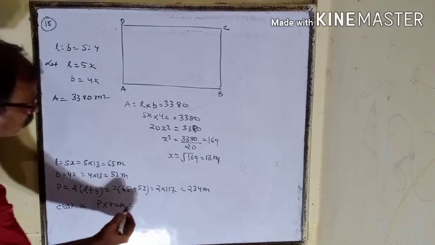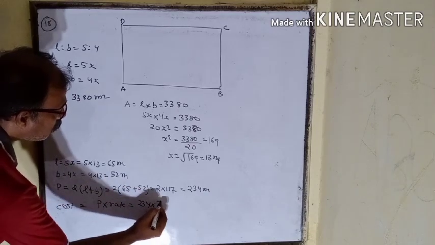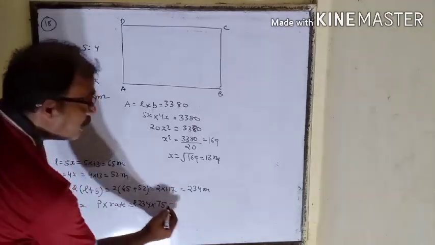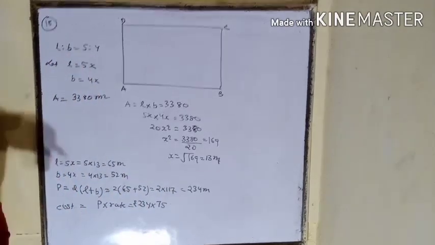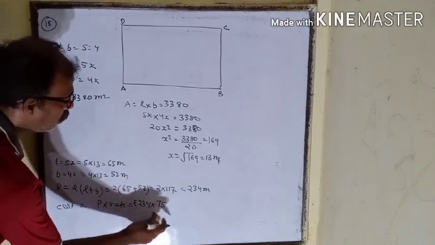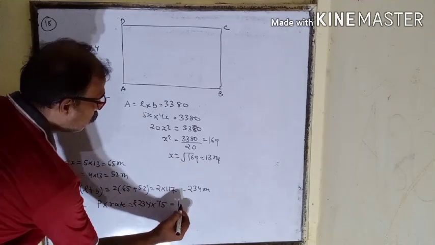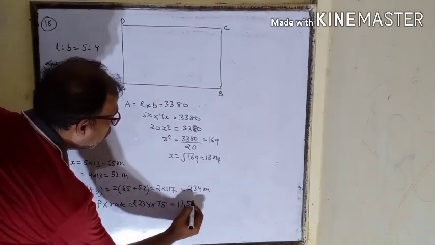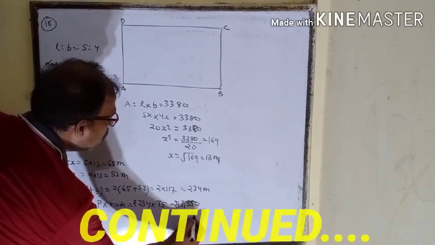So perimeter is 234, and the rate is 75 rupees. When you multiply, 234 into 75 will come out as 17,550 rupees. This will be your answer.